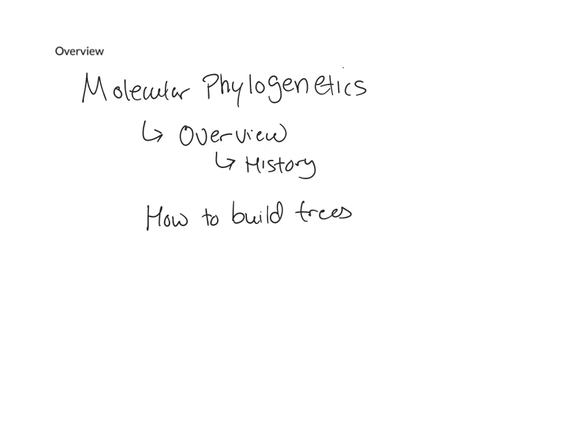How to build trees kind of falls into two different methods, which are matrix and character-based methods. And we're going to talk about how to use both of those methods today. All right, let's go to the next slide.